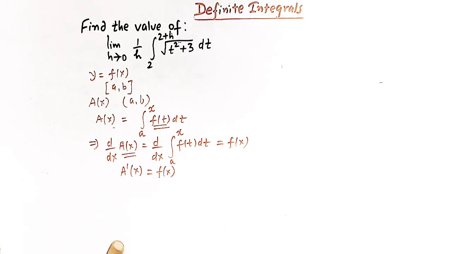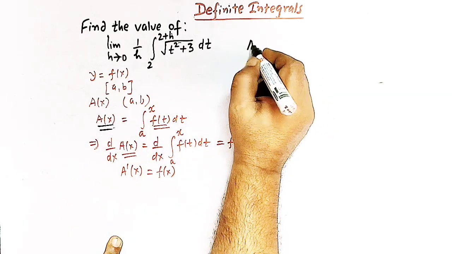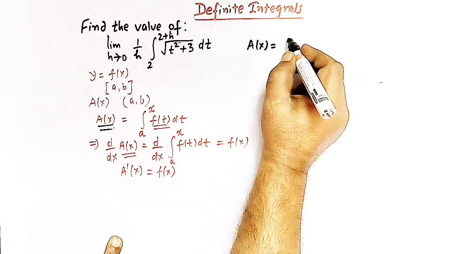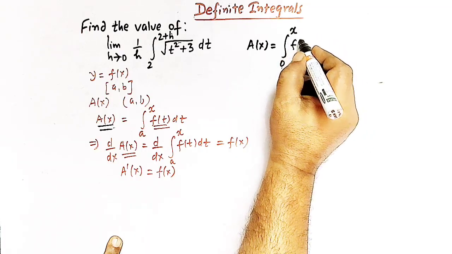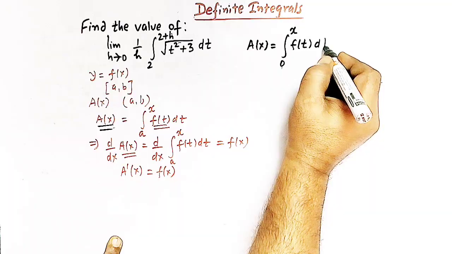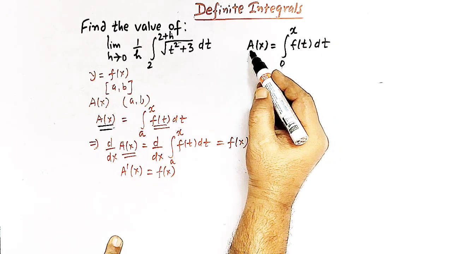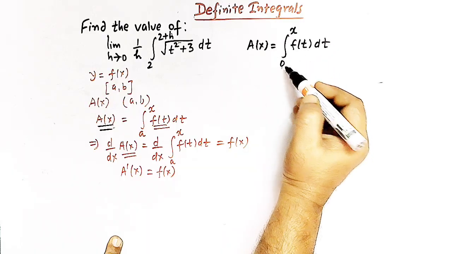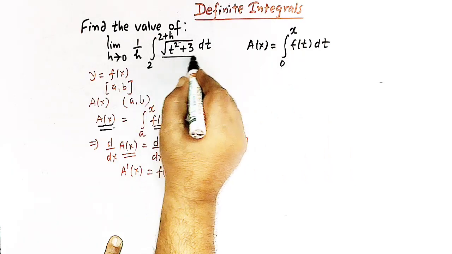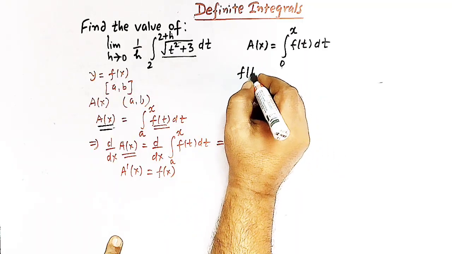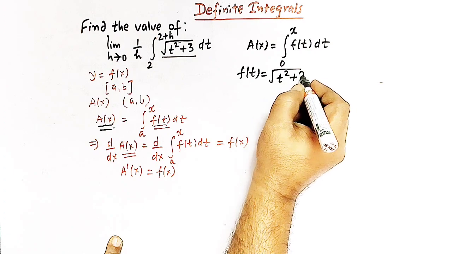Now let us consider the function A of x equal to the integral from 0 to x of f of t dt, where f of t is given by square root of t square plus 3.